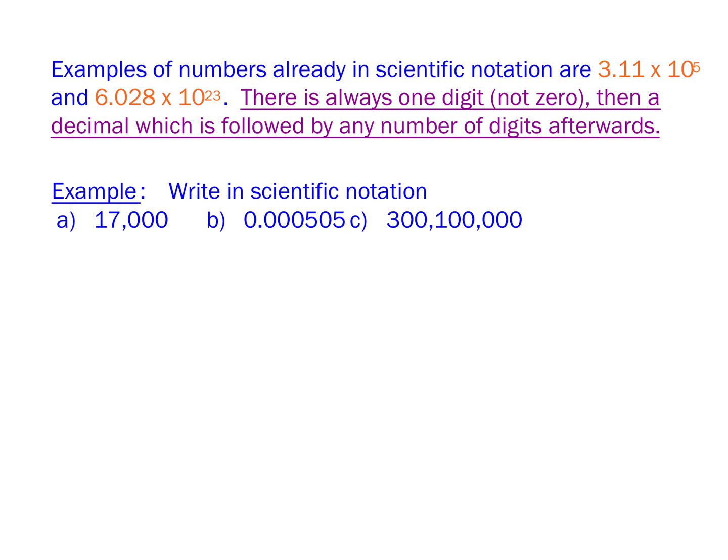So let's start off with 17,000. Find the first number that's not a 0. 1. Put a decimal after it. And then what we'll have to do is count the decimal places. So 1.7, we don't have to put the zeros that follow after the 7, times 10 to the exponent.